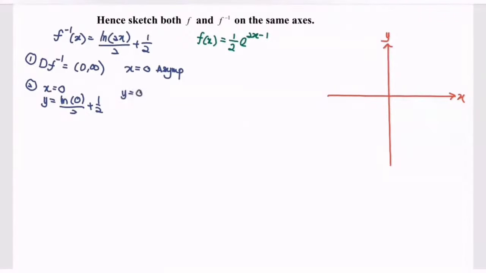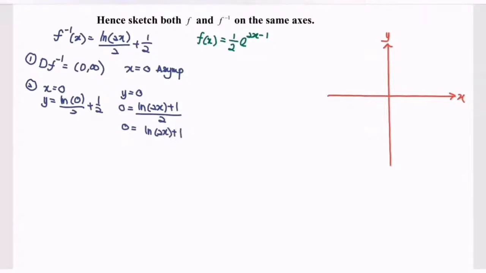If y equals 0, we will have the situation ln bracket 2x plus 1 over 2. Kindly multiply both sides with 2. So we will have 0 equals ln bracket 2x plus 1.